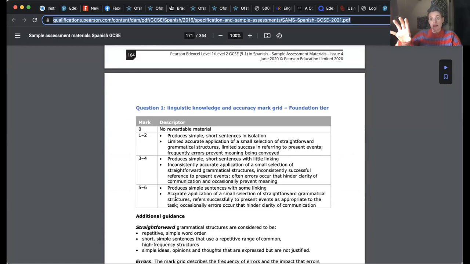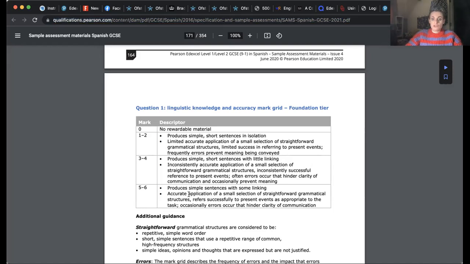There's some linking. As long as you put an e in there, or a pero, or a porque, linking your sentences, not just saying es interesante, es some simple sentences.